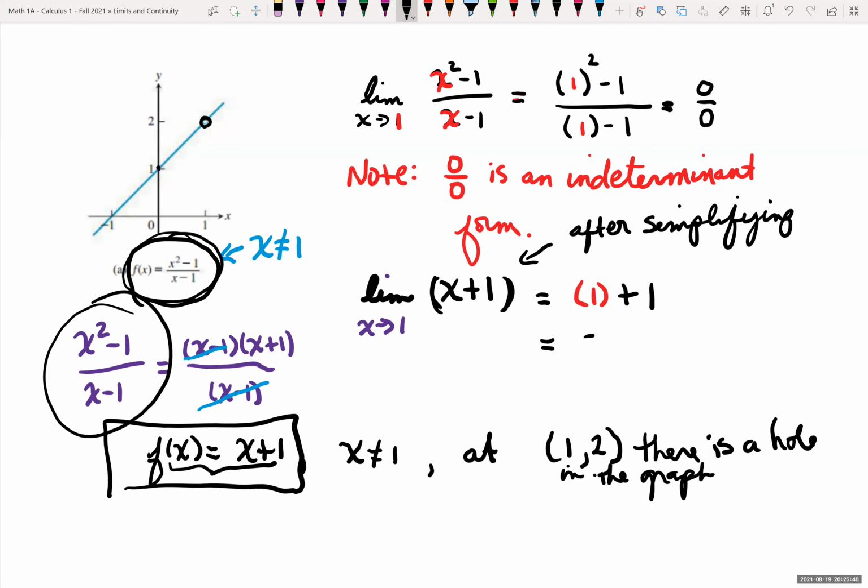I get back that number of 2. So what that tells me then is the limit as x approaches 1 of my original function, x squared minus 1 all over x minus 1, is equal to 2.